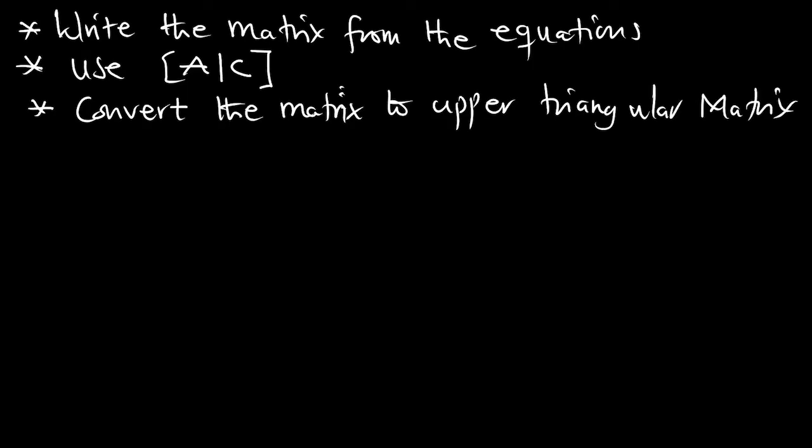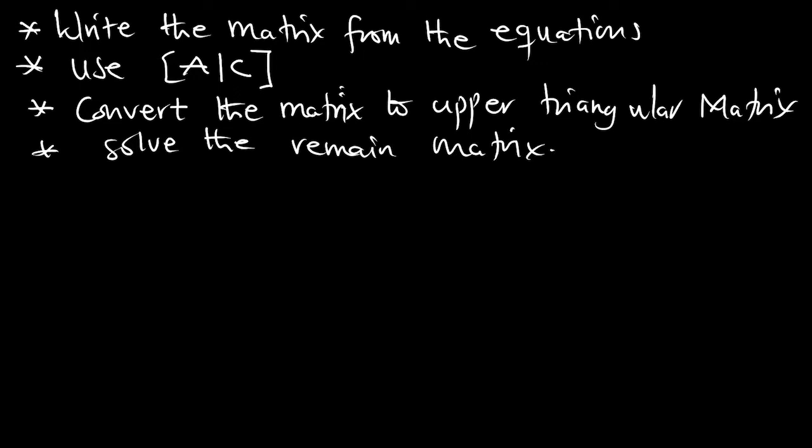And the last part, I can say you solve the remaining matrix. This is simple. So, for example, when we are given the equations, say 2y minus z equal to 4, our equation 1, and our equation 2, 2x minus y minus z equal to 5.